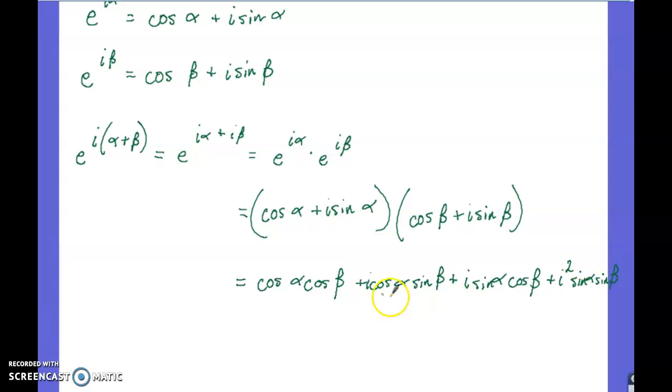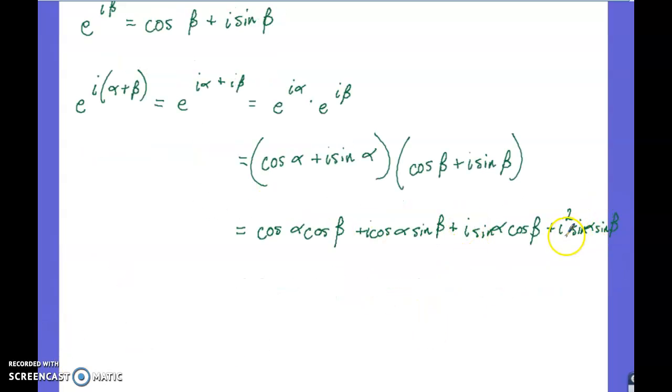Now I'm going to clean this up because that's kind of messy. The first thing I'm going to do is identify that i squared is equal to negative 1. And I want my part that does not have an imaginary thing in front. So cosine of alpha, cosine of beta does not have an imaginary part.